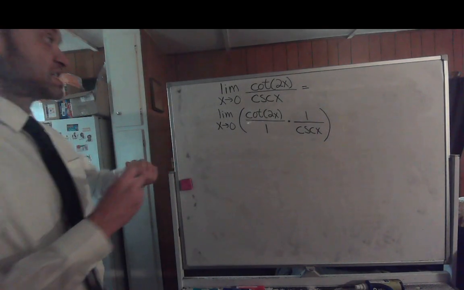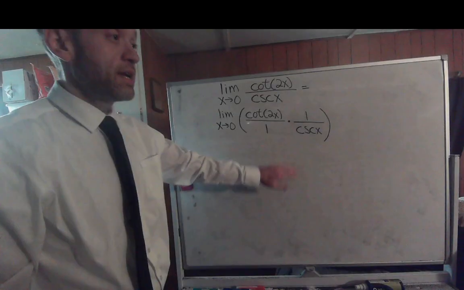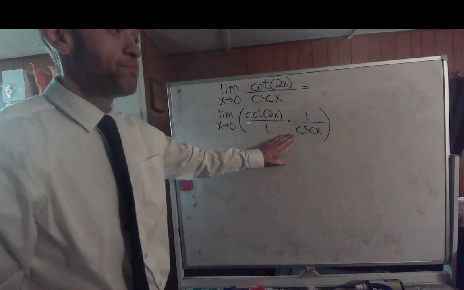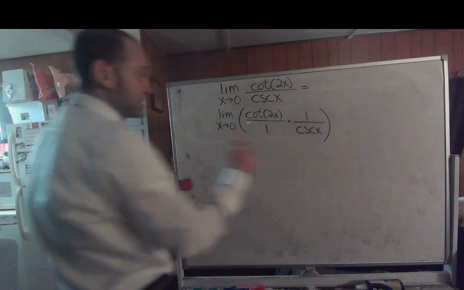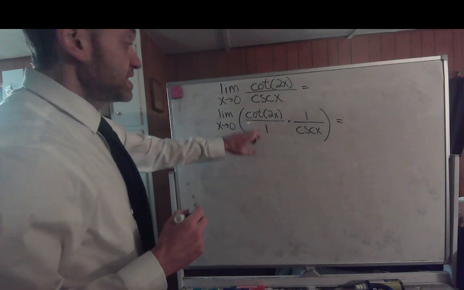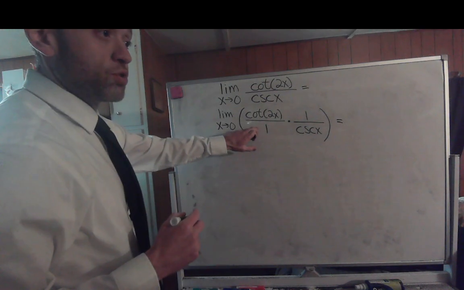If you know how to split up your numerator and denominator into two separate products, this is actually going to go a long way. And you're about to see what I'm doing here in a second. So, cotangent, isn't that the same thing as the reciprocal of the tangent?